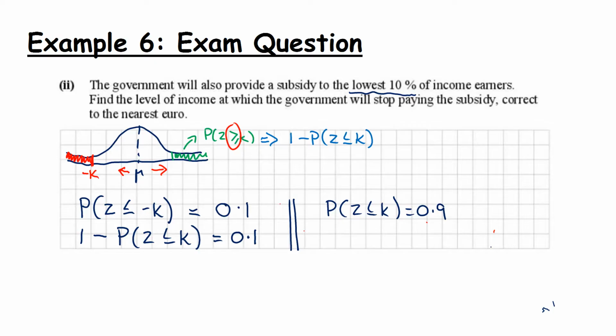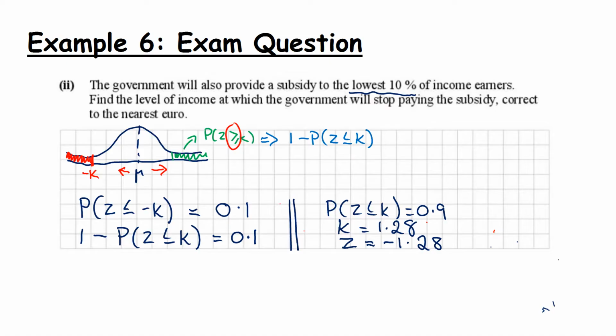So it's actually closer to 1.28. So we would say that K is equal to 1.28. Okay. Now, when we have that value, just remember that the Z is actually a negative. So Z is equal to minus 1.28.